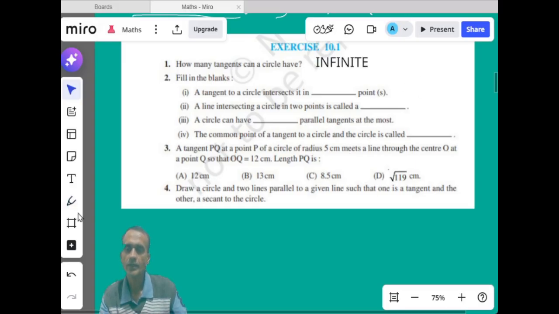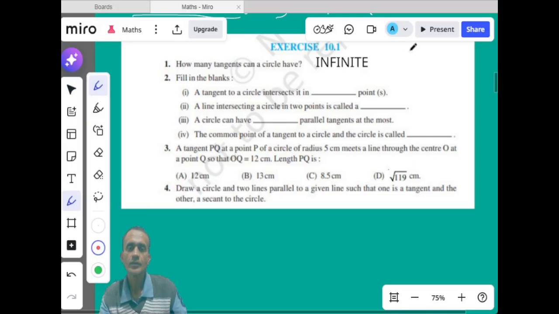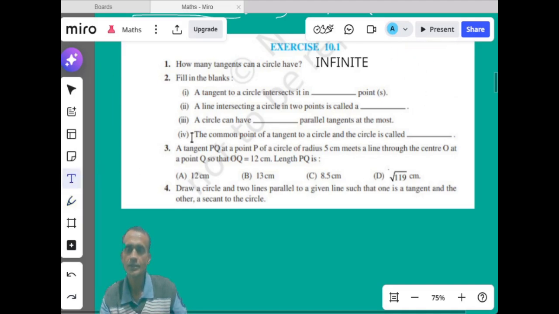Because any circle has infinite points on the circumference. You cannot count the number of points on a circle. Can we count how many points are there? Infinite. So at each point we can draw a tangent. So this is the answer.